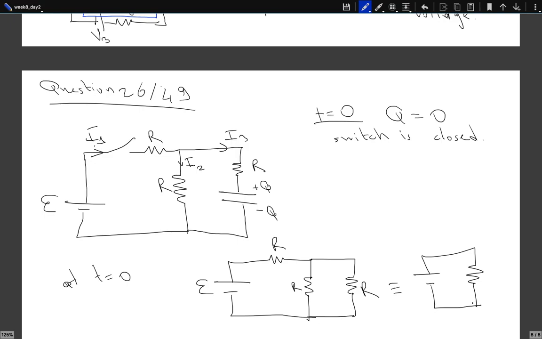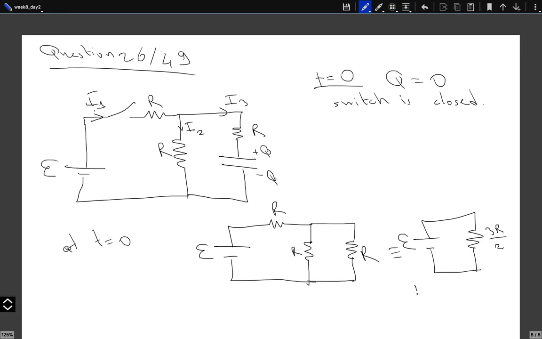Well, you see, what is the equivalent resistance of these two resistors in parallel, plus another R in series? 3R/2. So I1, what is I1? The current running through this wire, or this wire, or this wire, is E over 3R/2.